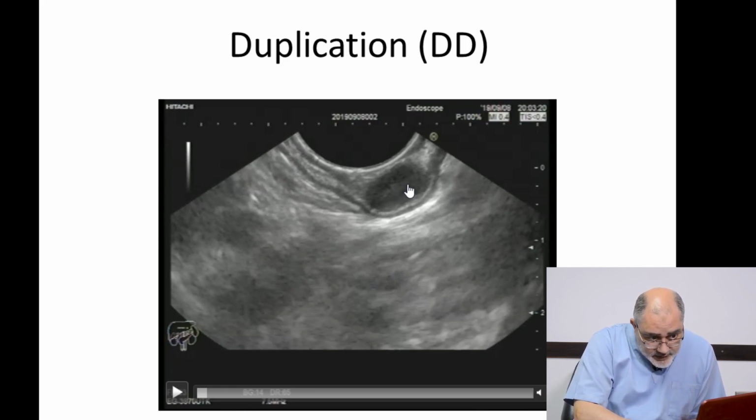It is sometimes very difficult to differentiate because both may be located in the second layer, the muscularis mucosa layer. Both are anechoic, with no color flow signal inside because leiomyoma is very hypovascular. Both are black because both are hypoechoic, so somewhat difficult to differentiate.